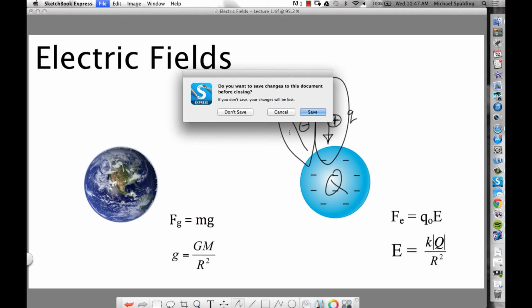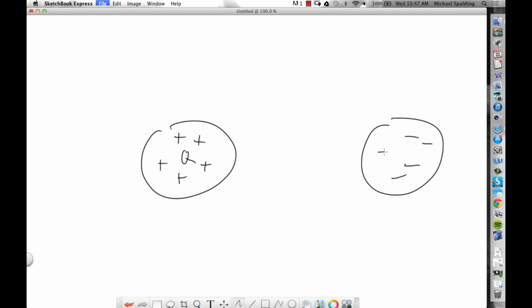So, here's what that means. We have a big positive dude. We have a big negative dude. The electric field for a big positive, which way does it go? In or out? Out. Why is that? If you put a little positive guy near the big positive, which way is the little positive guy going to go?